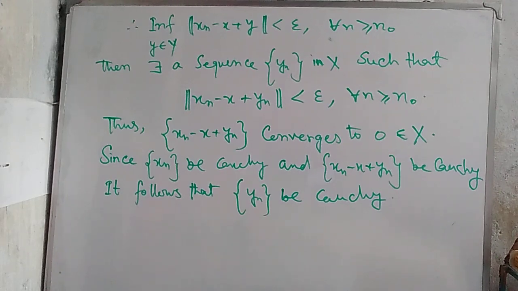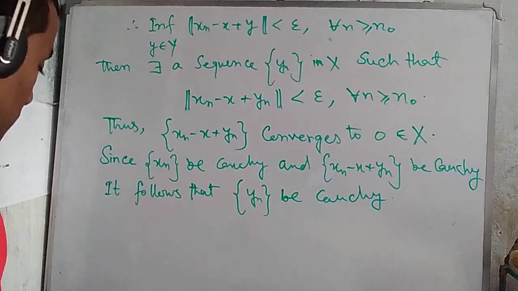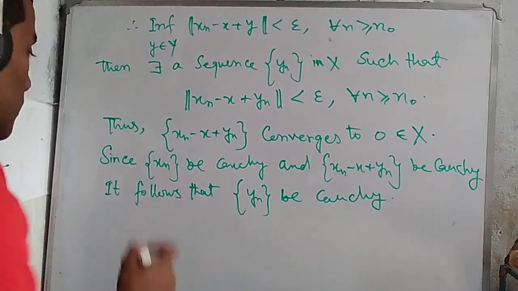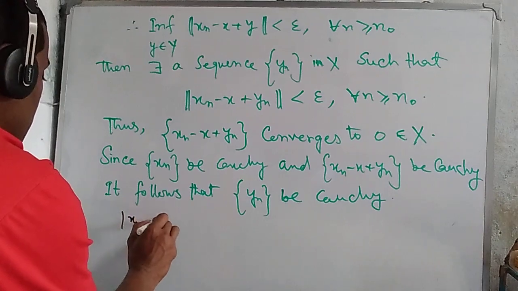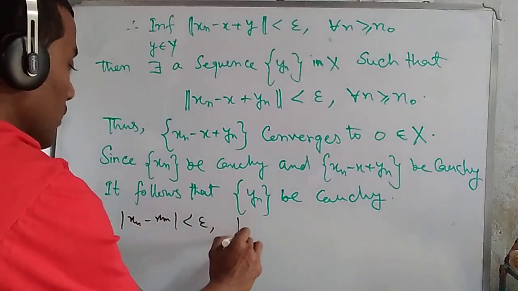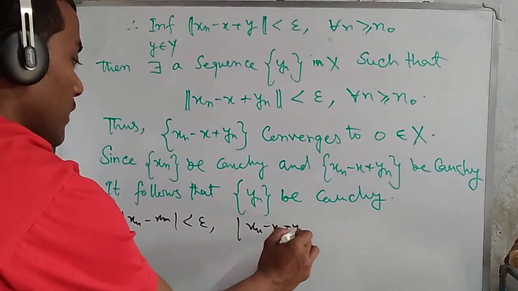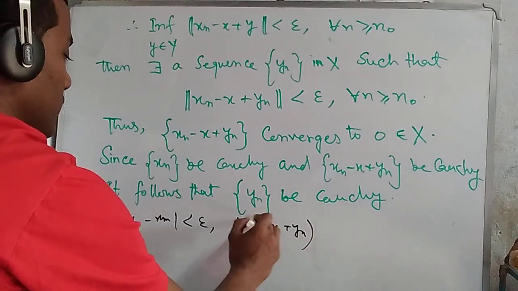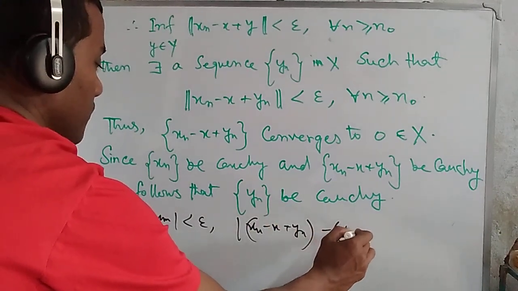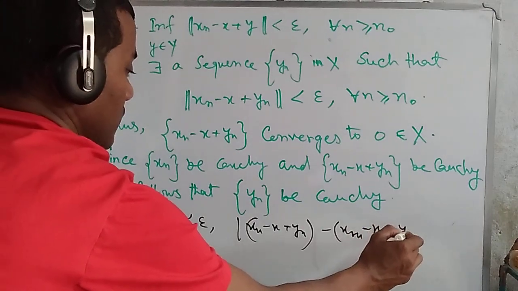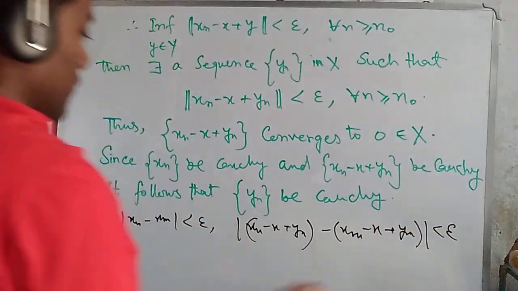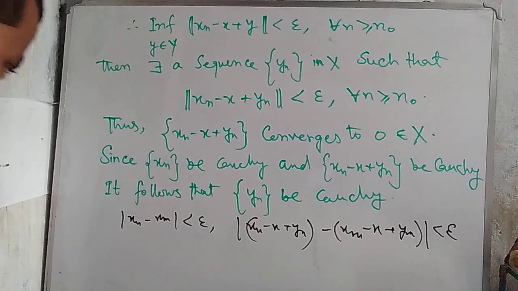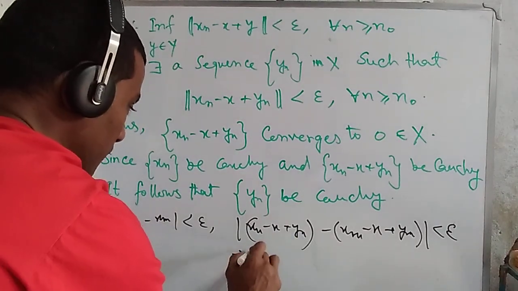How this happens, we can also see in this way. In short, the norm of x_m minus x_n and the norm of (x_m minus x plus y_m) minus (x_n minus x plus y_n) are less than epsilon. So we mark those. Then here what happened?